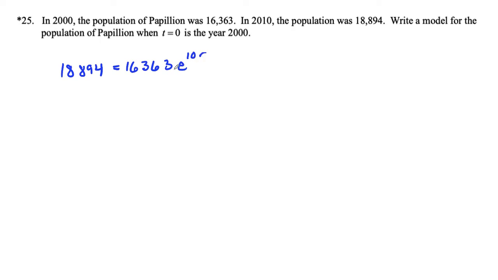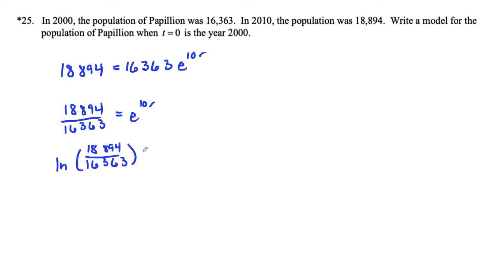Again, let's do things algebraically first. So we're going to end up with 18,894 divided by 16,363, and this is going to be equal to e to the 10r. Now I'm going to rewrite this as a logarithmic function, so the natural log of 18,894 divided by 16,363, and that's going to be equal to 10r, but let's just go ahead and divide this all by 10 to get r by itself.